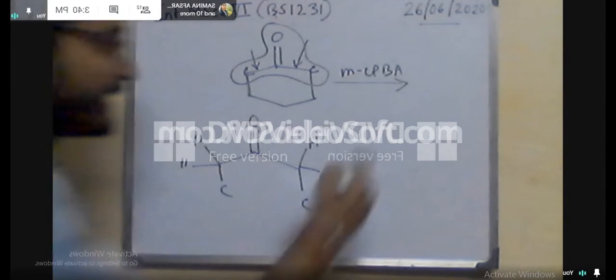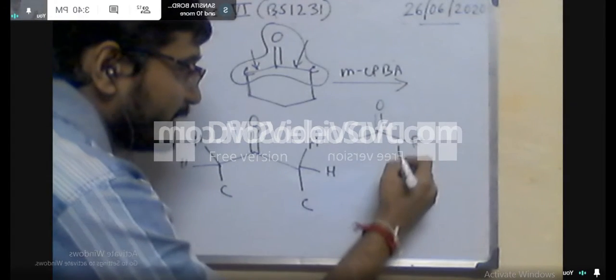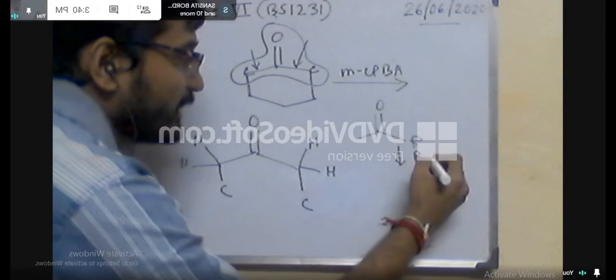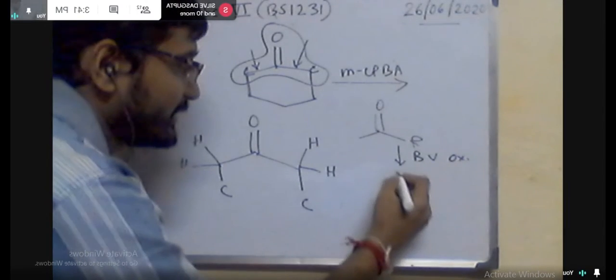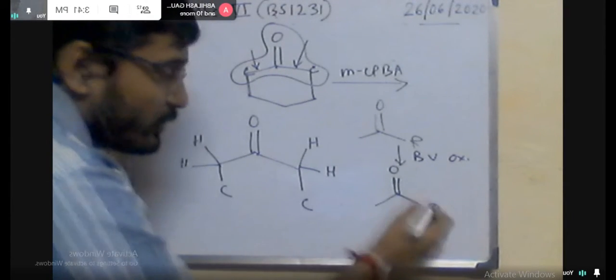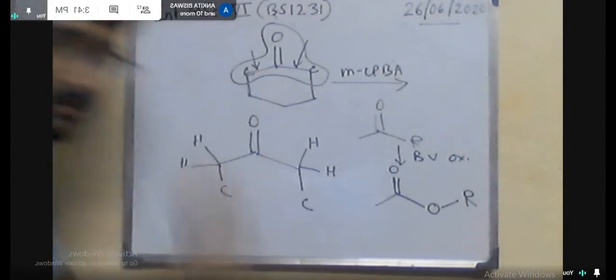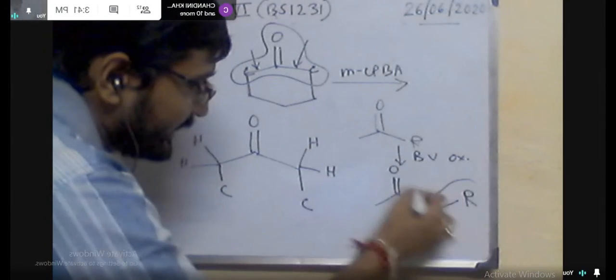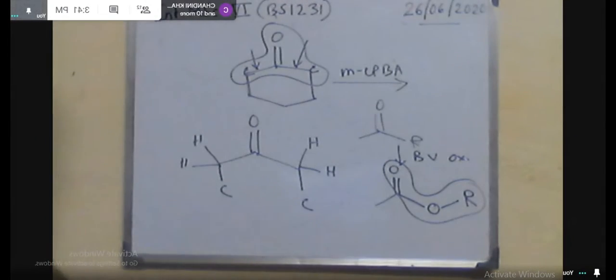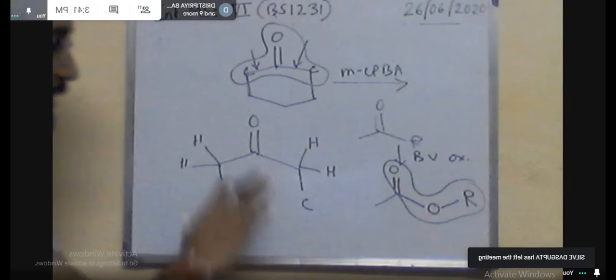So now in this case, say we want to shift or migrate this bond. So we can write that here is the formation of the carbon oxygen bond, and similarly, say I do the numbering 1, 2, 3, 4, 5, 6. Now we are considering that this 2 will form the new bond with this oxygen. So this is carbon number 2. So this is the 1, this is the 2. Now you will close the ring.